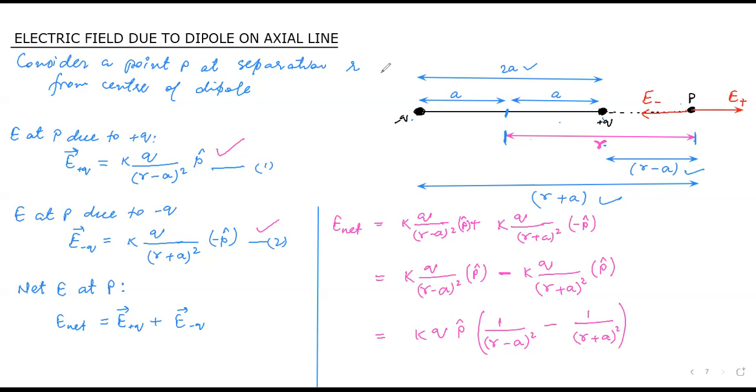Now, once again, I am going to write this equation on the next page to continue it. Our value is KQ unit vector of P, 1 over (R minus A) square minus 1 over (R plus A) square.